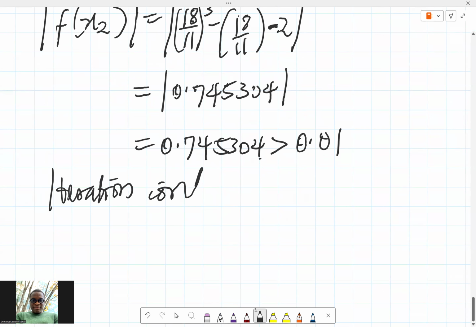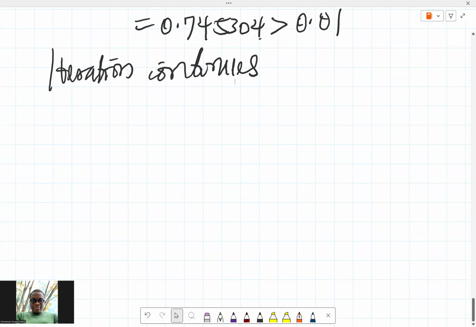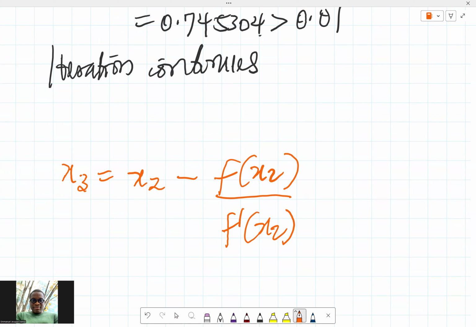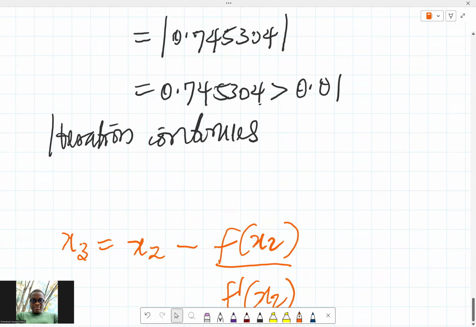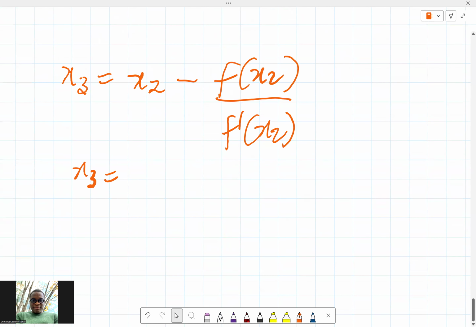Okay, now we go for the next one. We now go for x3. And we know that x3 is equal to x2 minus f of x2 divided by f prime of x2. So we know x2 already. So x3 now is equal to x2. We know x2 to be 1.636364.